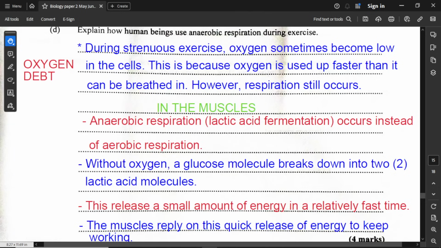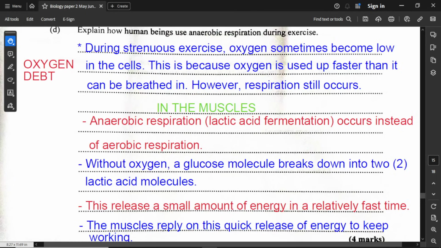All right. So the point to note here is that the anaerobic respiration occurring in us is called lactic acid fermentation, because you have another anaerobic respiration, which is called alcoholic fermentation, not in animals, but in microorganisms such as yeast. All right. So again, anaerobic respiration, which is lactic acid fermentation, occurs instead of aerobic respiration because of low oxygen.